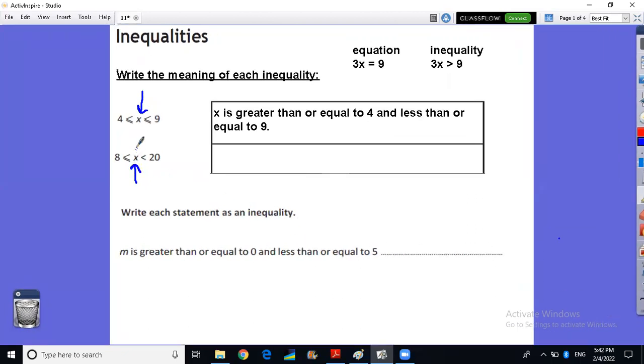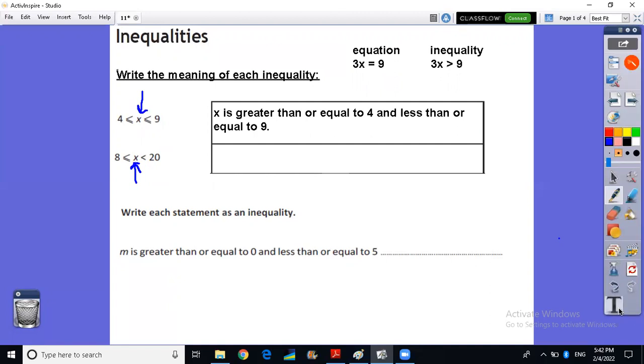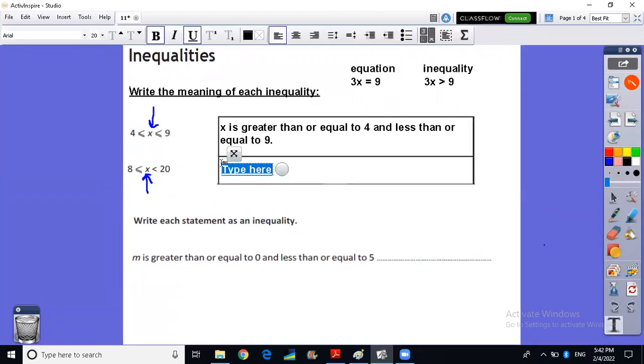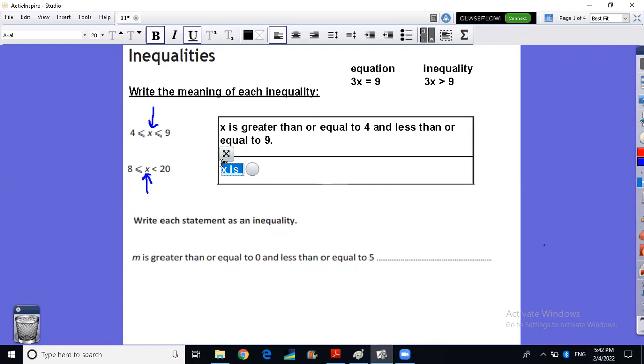I'm going to talk about x. All right, so let's start talking about x. How can we talk about x? We need to write here x is. We need to write x is what? Let's see. x is greater than 8, mister. Is it only just greater than 8? No, there is that line here.